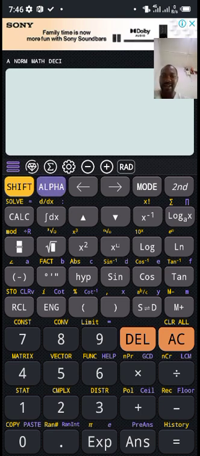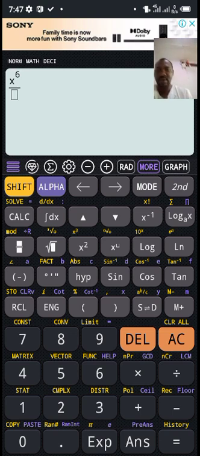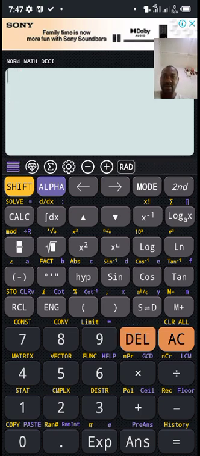So let's say alpha x raised to power 6. Sorry, this is raised to power 6. Now all over alpha x raised to the power of 8. Oh, sorry, I'm supposed to have a differential sign. Sorry, differentiating. So shift this.